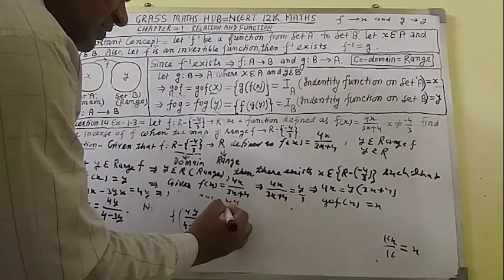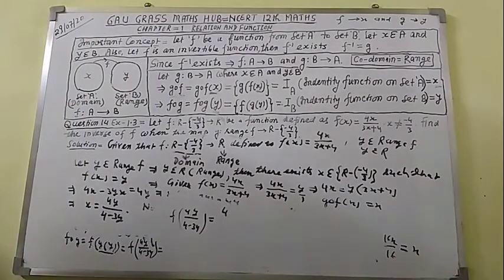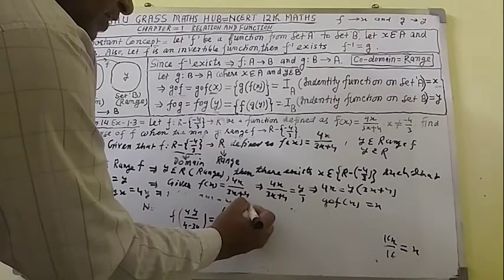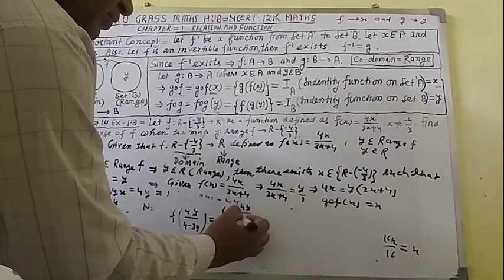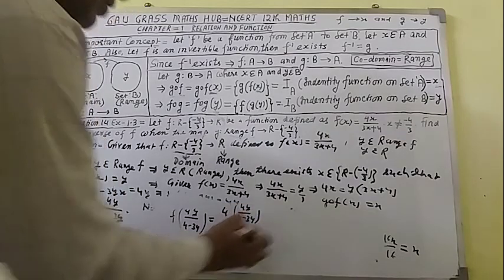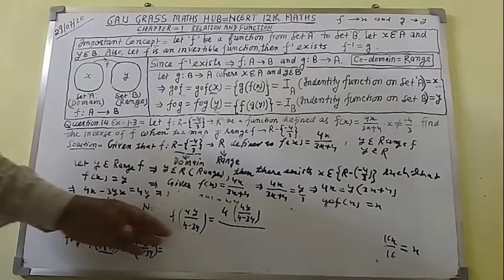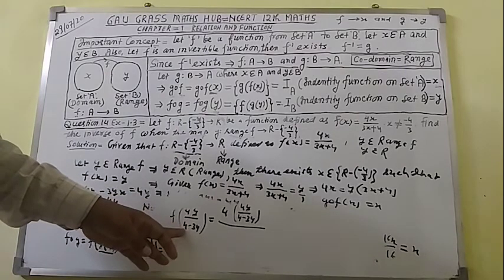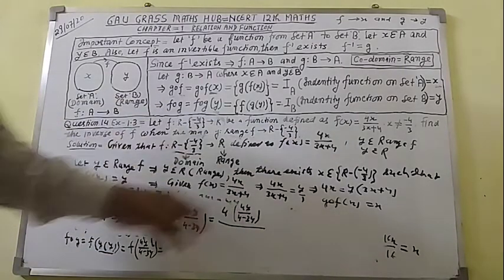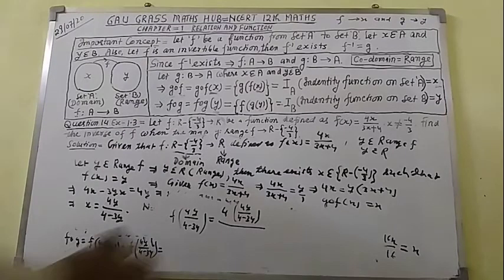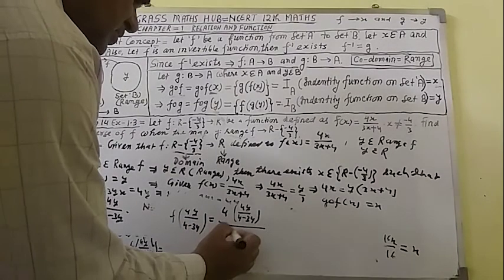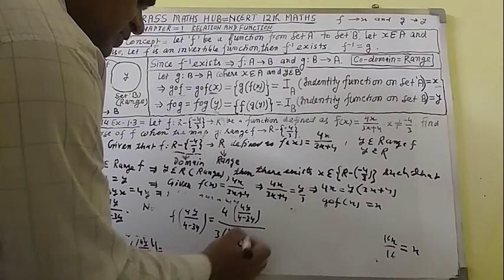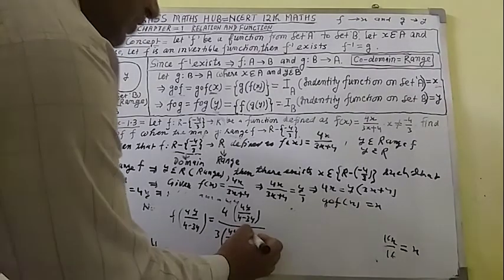On the right hand side, in place of x I am writing this value, 4y whole over 4 minus 3y. Now here write the same value, 4y over 4 minus 3y, plus 4.